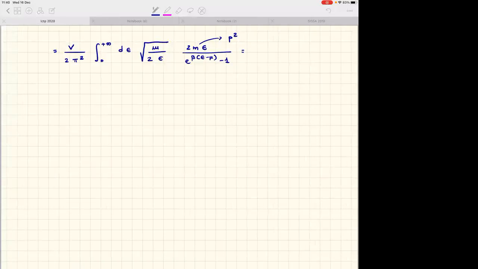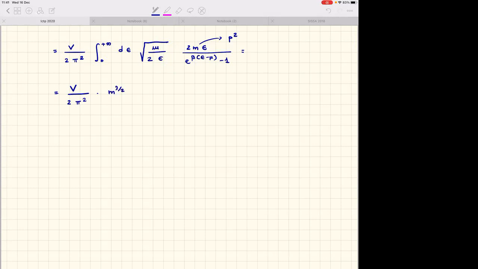This is equal to V over 2 pi squared. And then I have m to the power 3/2.